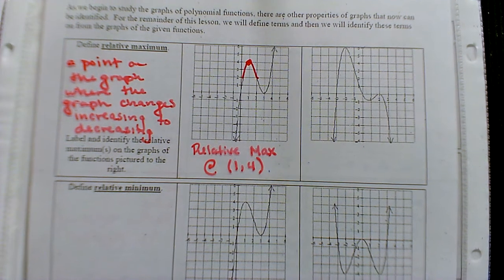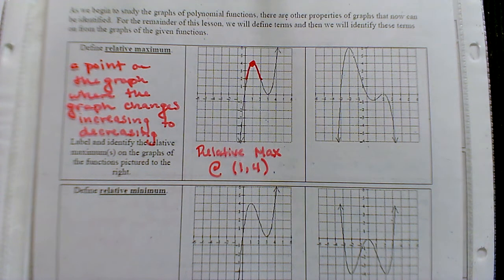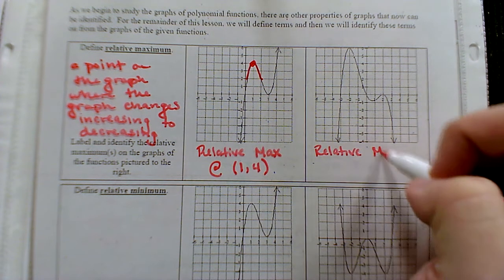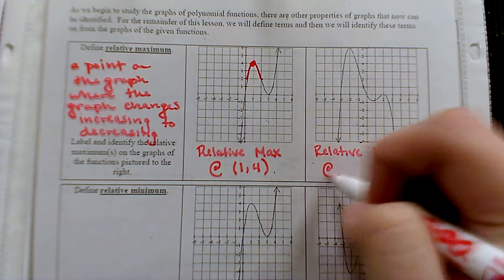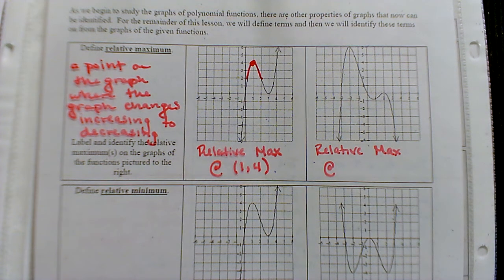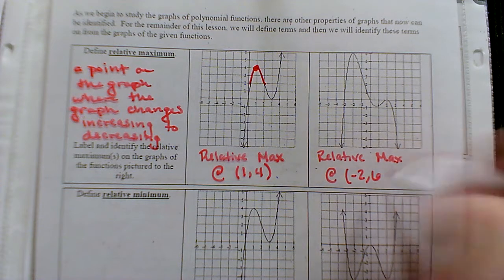Can you find any maxes, aka high points, where your graph changes increasing to decreasing on the next one? If you were to trace it left to right, where would your pencil go from up to down? Good. -2, 6.